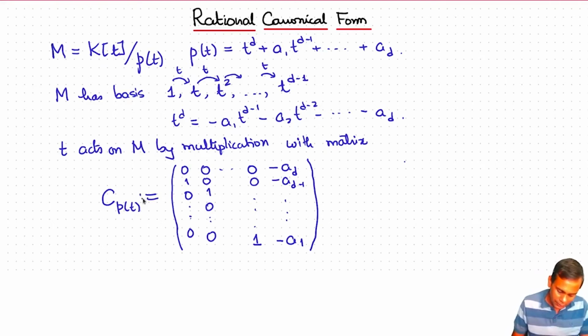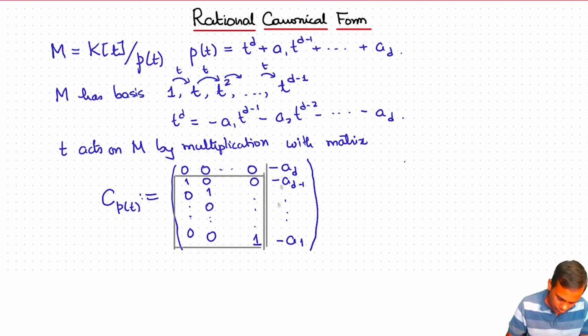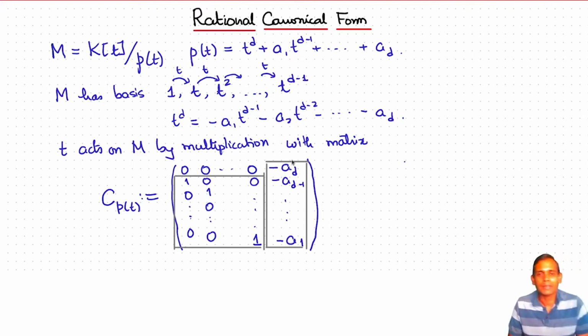So it's just a matrix where you have this block which looks like the identity, and then you have over here this column which has all the coefficients of the monic polynomial P(T), going from the constant coefficient on top to the degree d minus 1 coefficient at the bottom, all with their sign reversed.